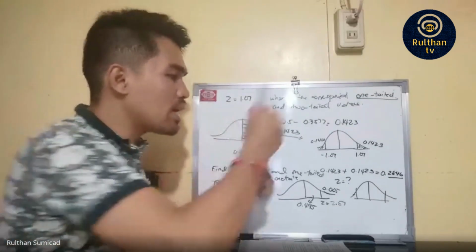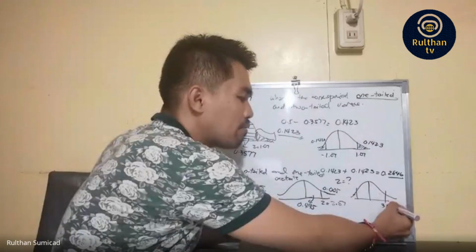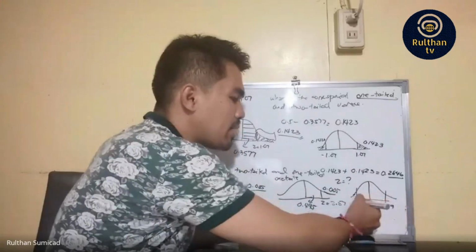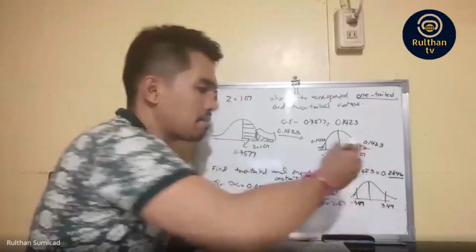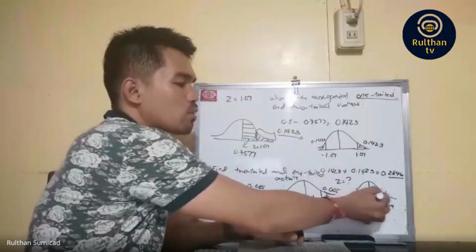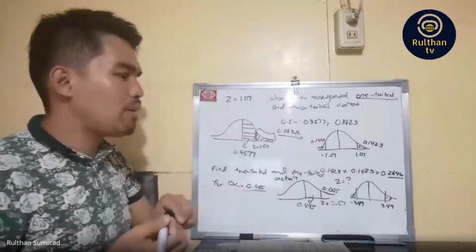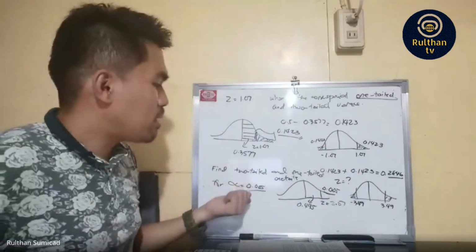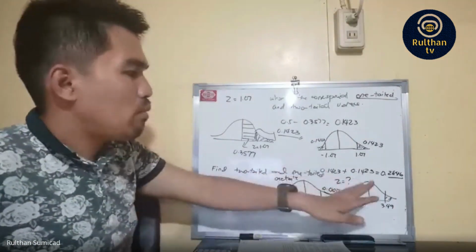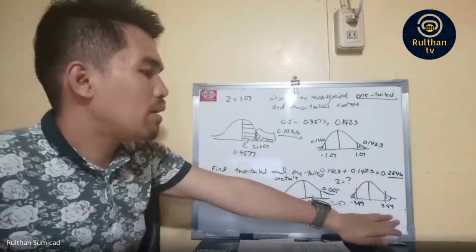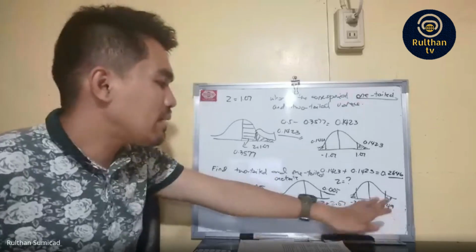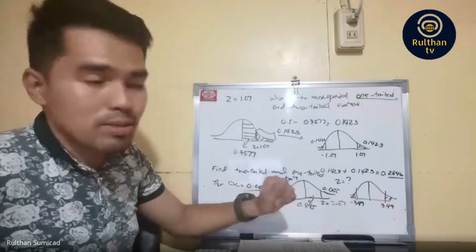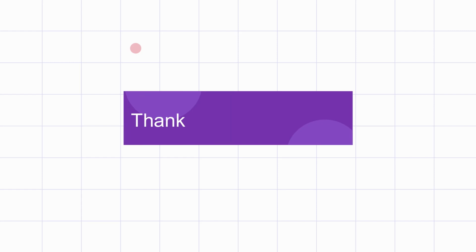So our z-score here is positive 3.49, and the other one is negative 3.49. So when we have our alpha equivalent to 0.005 with a two-tailed test, our z-score is positive and negative 3.49, and the one-tailed is positive 2.57. So there is really a difference.